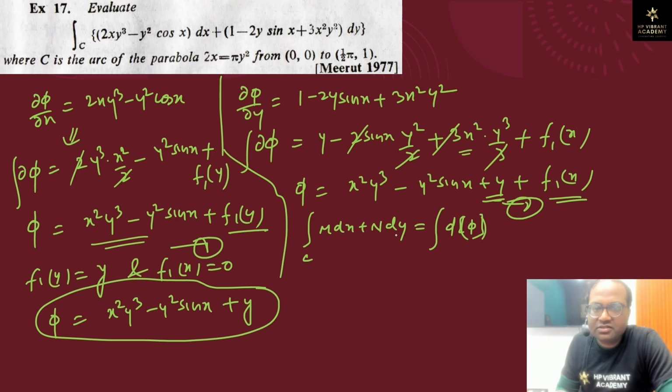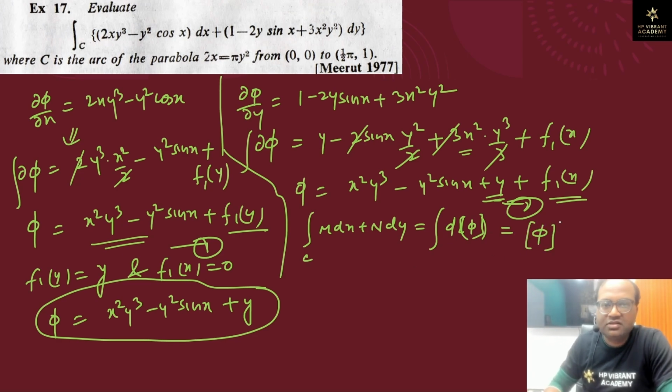Since m dx plus n dy is an exact differential, we have taken m dx plus n dy as d phi. So this is integration of d phi, which is equal to phi, and the limit on phi is from 0, 0 to pi by 2, 1. This is our limit. So let us place the value of phi here.